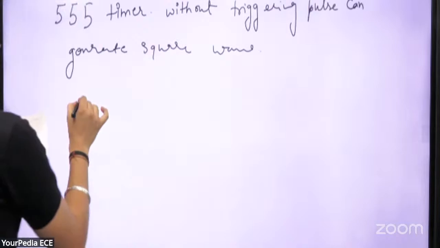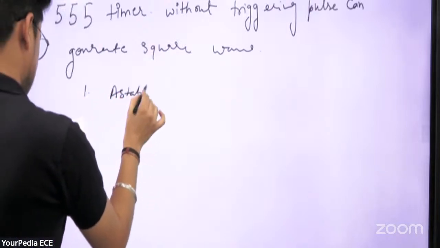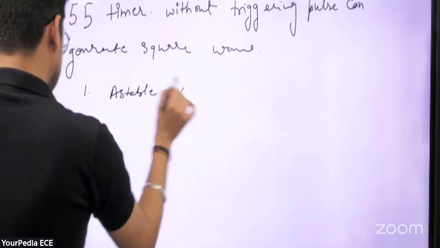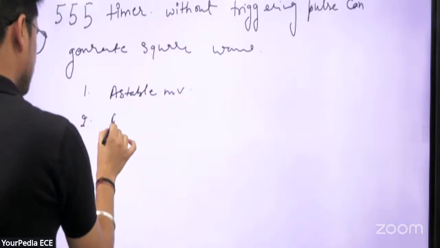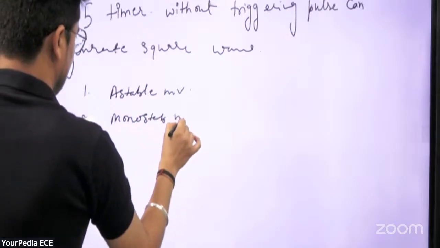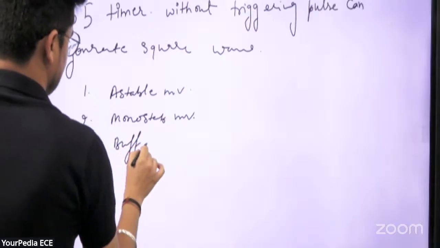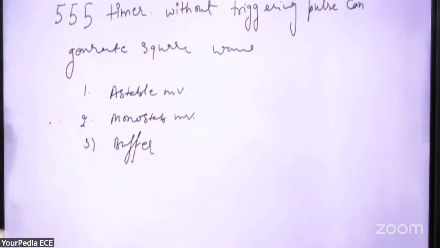The first option is astable multivibrator, monostable multivibrator, and third one is buffer, I think. So I'm not getting the fourth option.